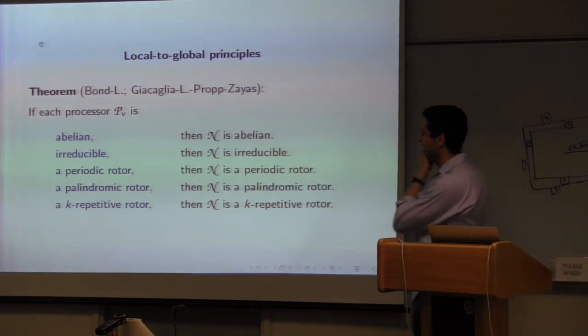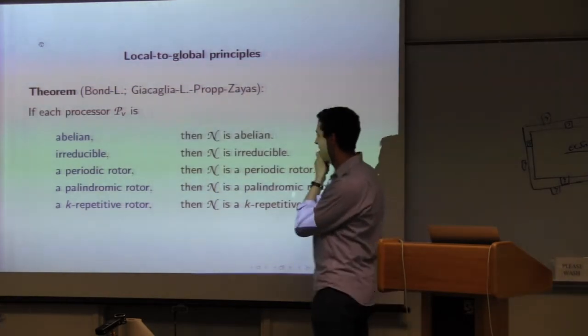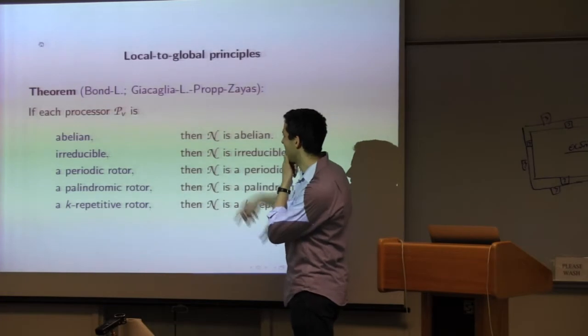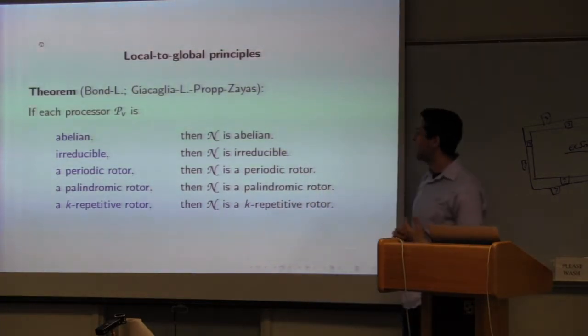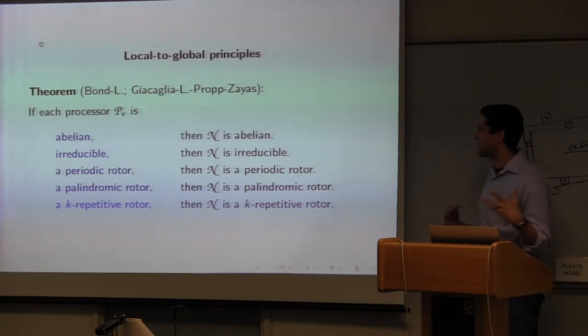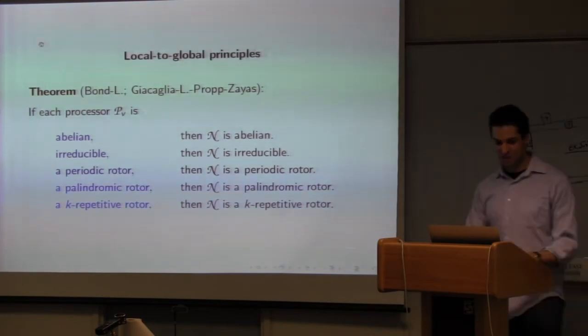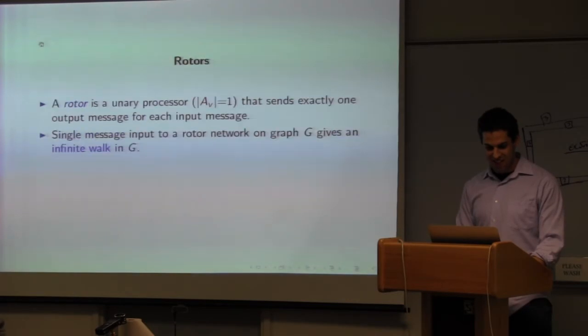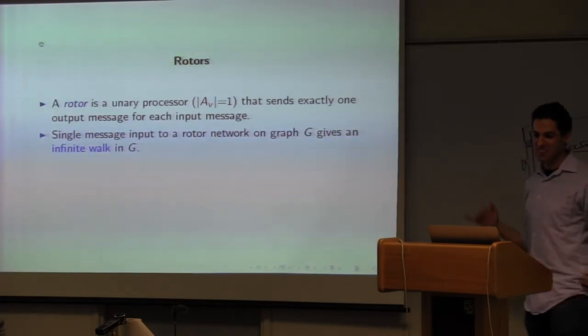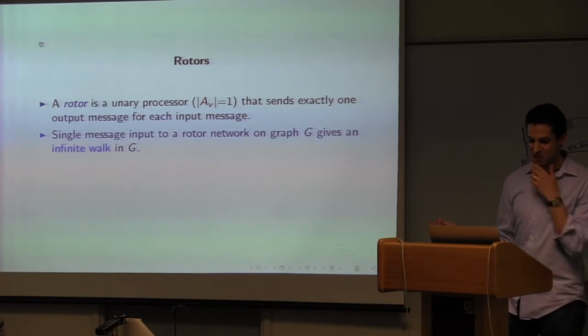In later slides, I'll define some of these terms. If each processor is irreducible, the whole network is irreducible. If each processor is a periodic rotor, then the whole network is a periodic rotor, and so on. Let me start with rotors. That's another concrete example of an abelian processor.